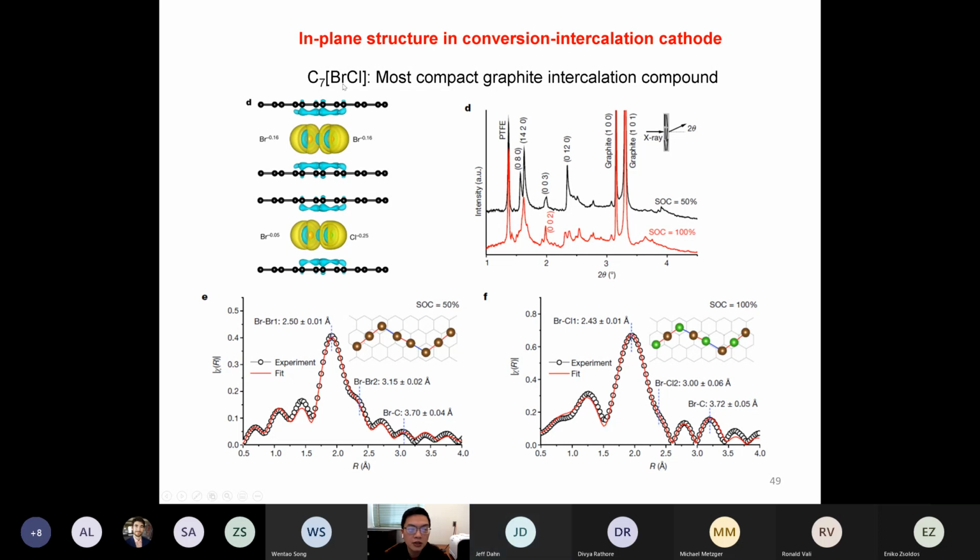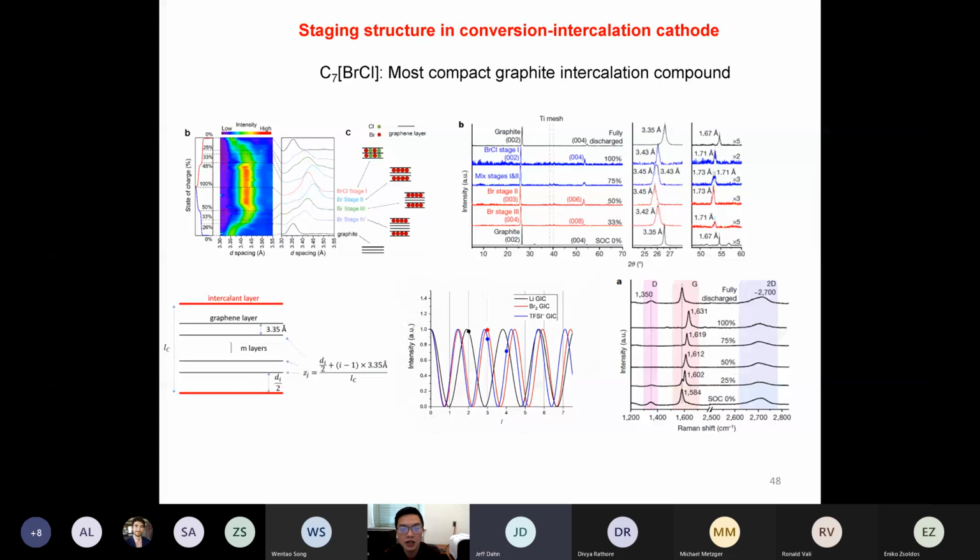But here, in stage 1, you can form C7 and 2 halogen atoms, which means the carbon should be like 3.5, right? That makes us achieve a very high capacity for this kind of chemistry.